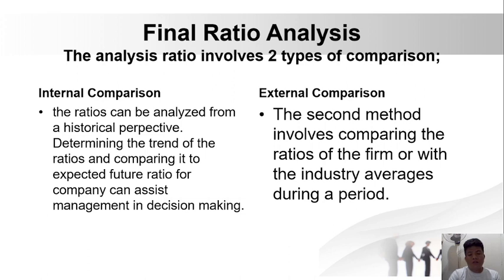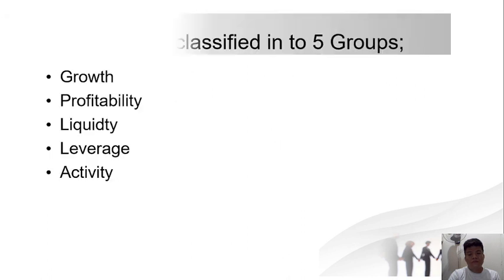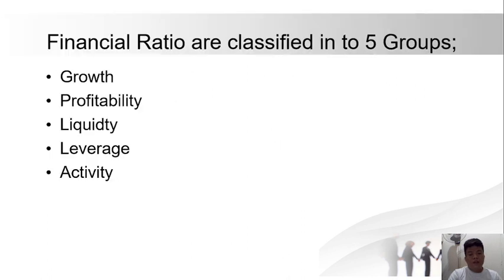External comparison: the second method involves comparing the ratio of the firm with industry averages during a period. Financial ratios are classified into five groups: growth, profitability, liquidity, leverage, and activity.